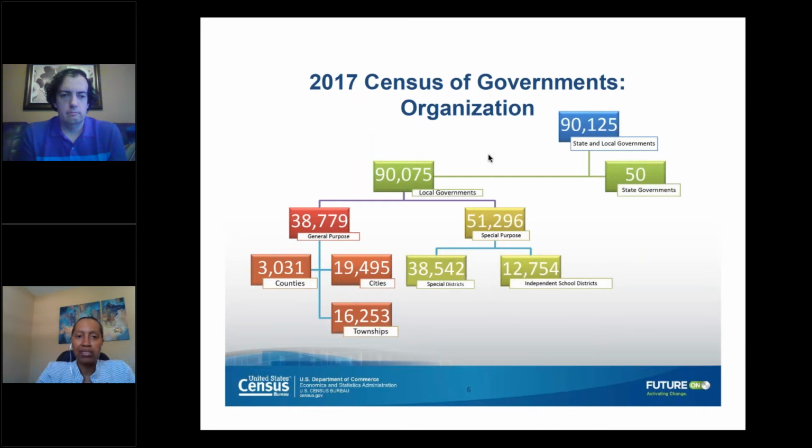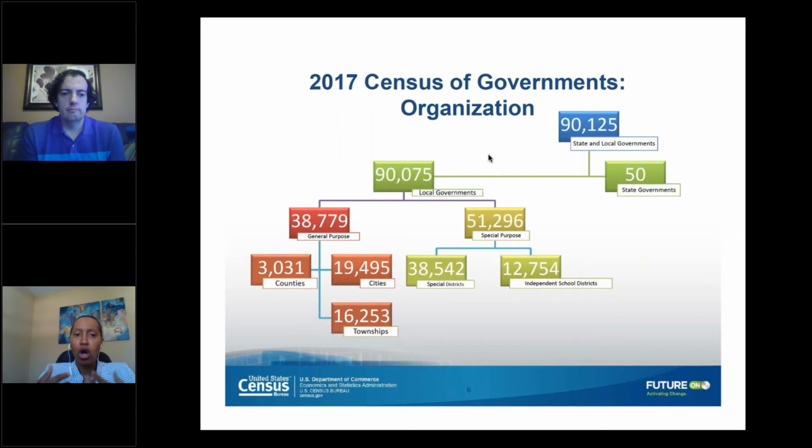We also have something called the 2017 Individual State Descriptions publication. This publication provides a summary of all of these 90,000 governments and how they are organized. The summaries provide information about 5 basic types of local governments, which are county, municipalities, townships, special districts, and school districts.